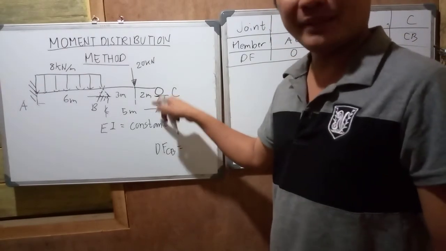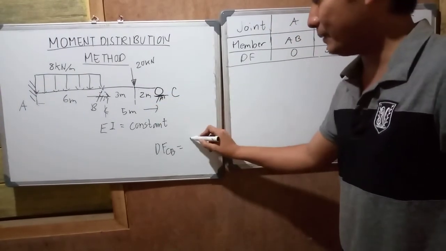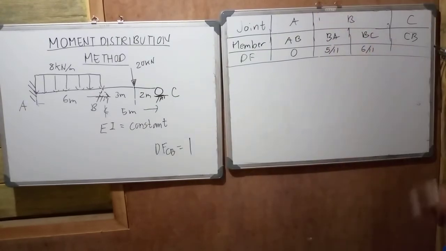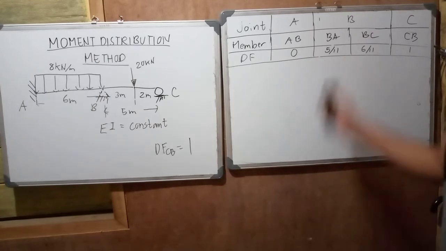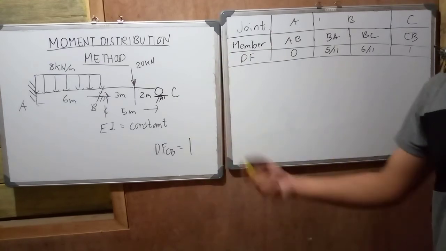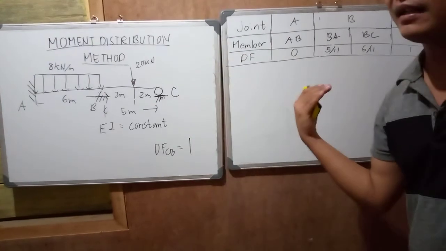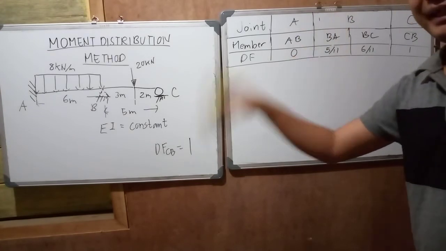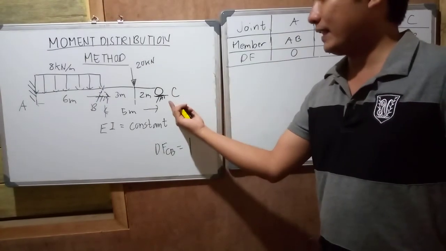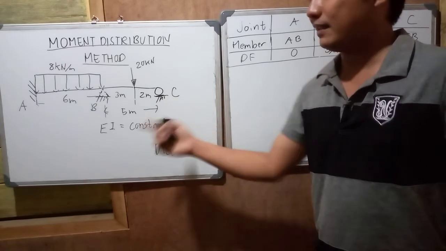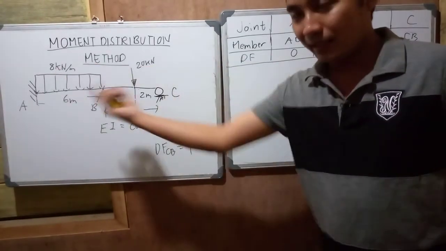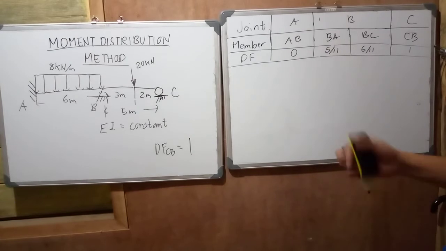Kasi roller, basta roller class or pin, equivalent yan, 1 automatic yung distribution factor niya. Okay? Unlike kay fixed is 0. Okay? So, applicable lang yan, ang 0 or 1, kapag nasa exterior side siya. Kapag nasa extreme far end or left end siya, o kasi ito yung far right end, far left end din yun. Okay? Kaya, exterior supports. It refers to exterior supports.